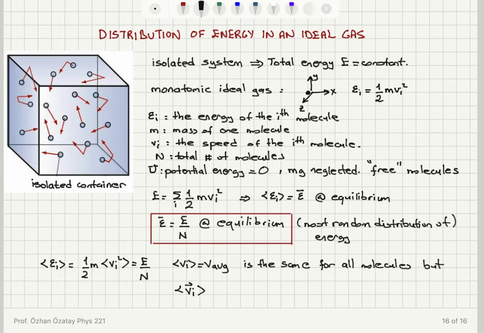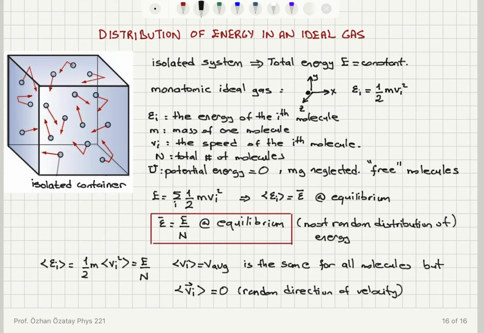The average velocity must be 0 because I should have random direction of velocity. So once again, this is at equilibrium. So the average velocity is 0, but average speed is the same for all molecules.